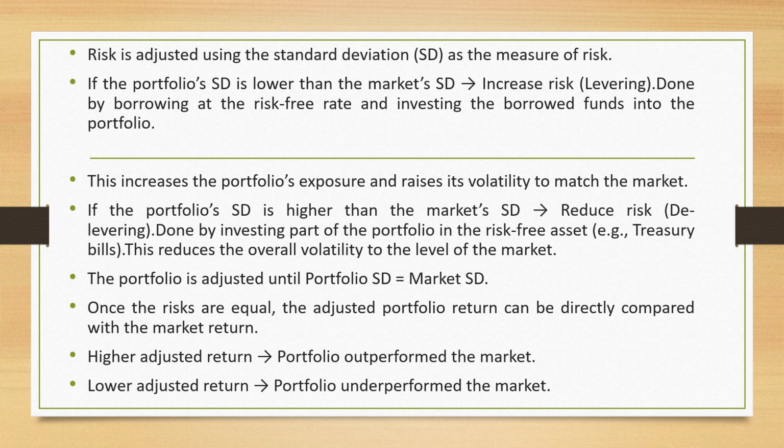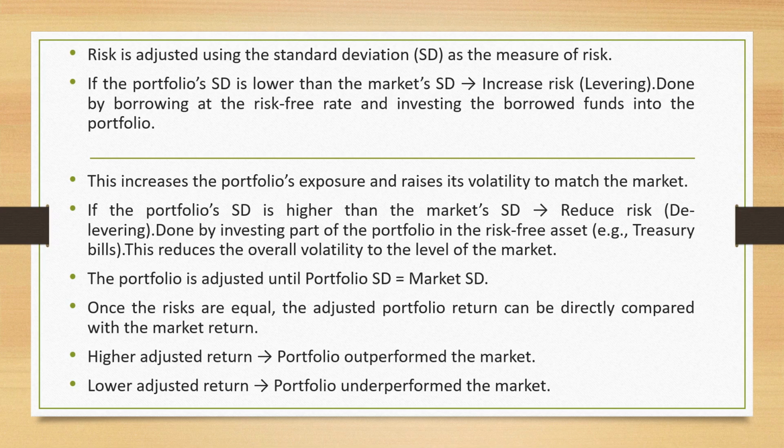So let us start. So what was the thought or the idea behind this particular measure? First step is that risk is adjusted using the standard deviation as the measure of risk. So the measure of risk used in this model is standard deviation. What does this measure say? That if portfolio standard deviation is lower than the market standard deviation, that is the conceptual part, you need to increase the levering of the portfolio by borrowing at risk-free rate and investing into various assets, right?